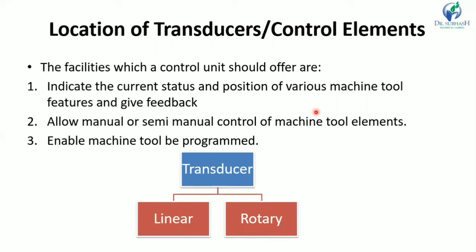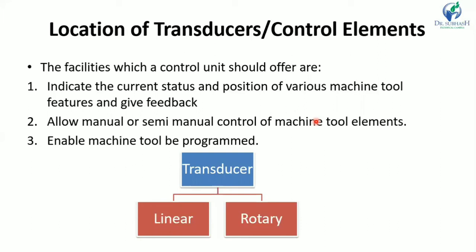In CNC machines, the control of all the machine functions is totally transferred to the computerized control system. So the control unit should be situated so that it is convenient for the operator to operate the machine from a central place.